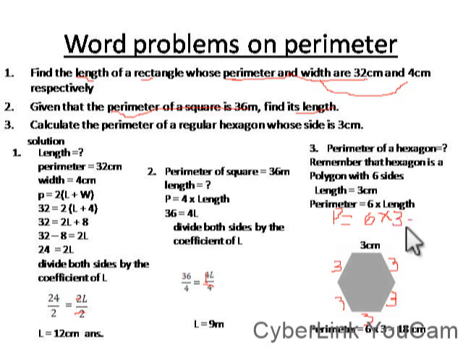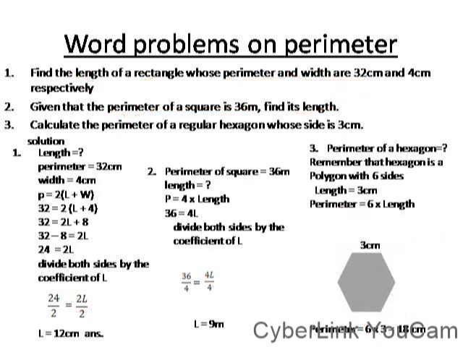So when we multiply 6 by 3, that will give us 18 centimeters as the answer. Alright, so that's the answer to the perimeter of this regular hexagon. Or you can as well add all the sides: 3 plus 3, 6, 6 plus 3, 9, 9 plus 3, 12, 12 plus 3, 15, 15 plus 3, 18. That gives you the same answer.